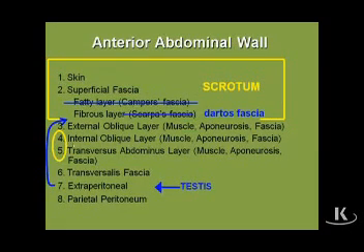So we can consider these 2 layers as if they were a single layer. So now instead of saying that the testis has to traverse 4 layers, it's really going to only be 3. The transversalis fascia layer, the combined internal oblique and transversus abdominis layer, and then finally the external oblique layer. So that's the challenge for us.